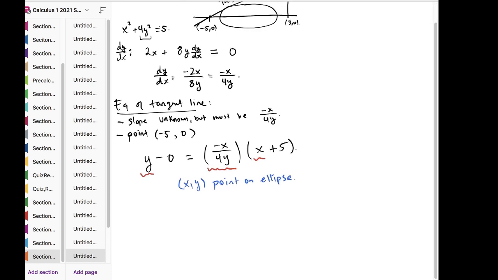Okay, so let's clean this up a bit and multiply by 4y. Okay, now what? This is true, and I need to find xy. That's the goal, right? How do I solve this?